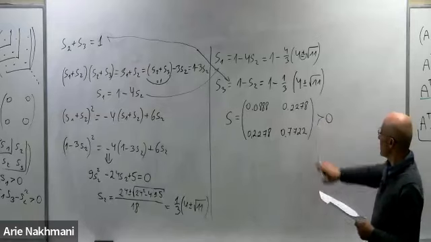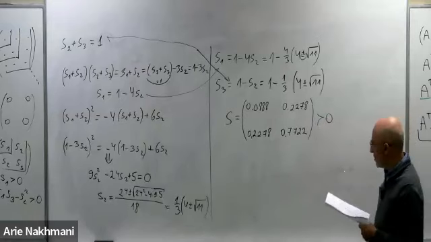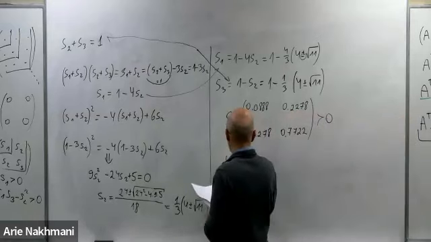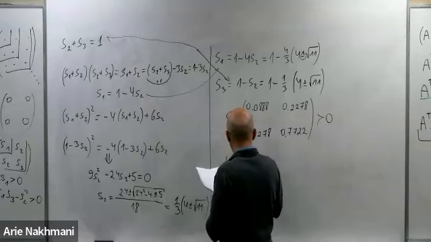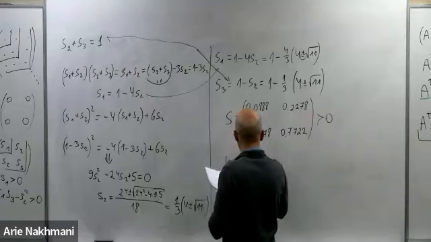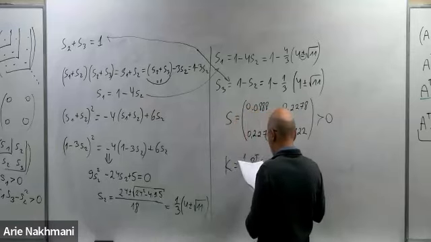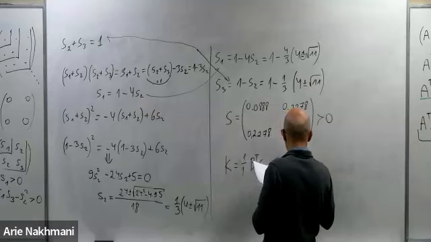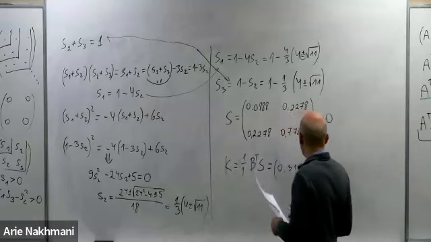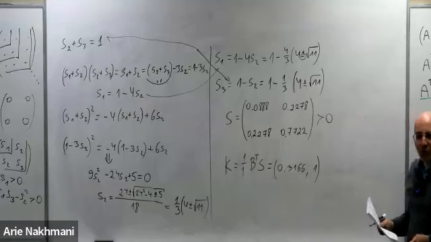All right. So this is positive definite. And your K matrix will be 1 divided by rho, B transpose S. This will be 0.3136 and 1. This is your optimal controller.